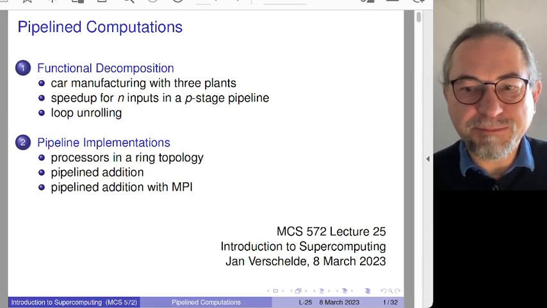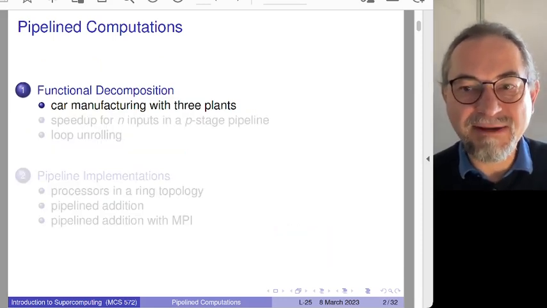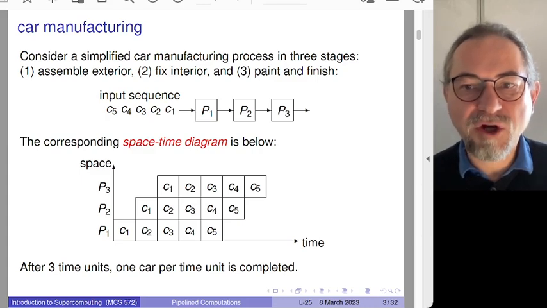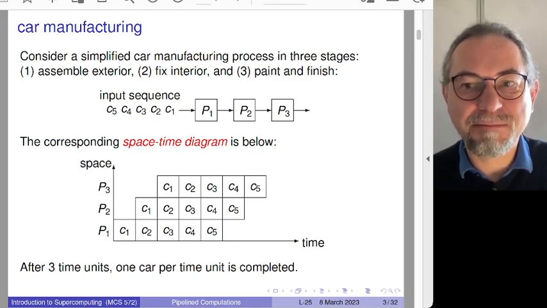Okay, so here is one of the main applications of pipelining in the manufacturing of cars. So building one car is a very sequential process, but building many cars can actually happen in parallel.